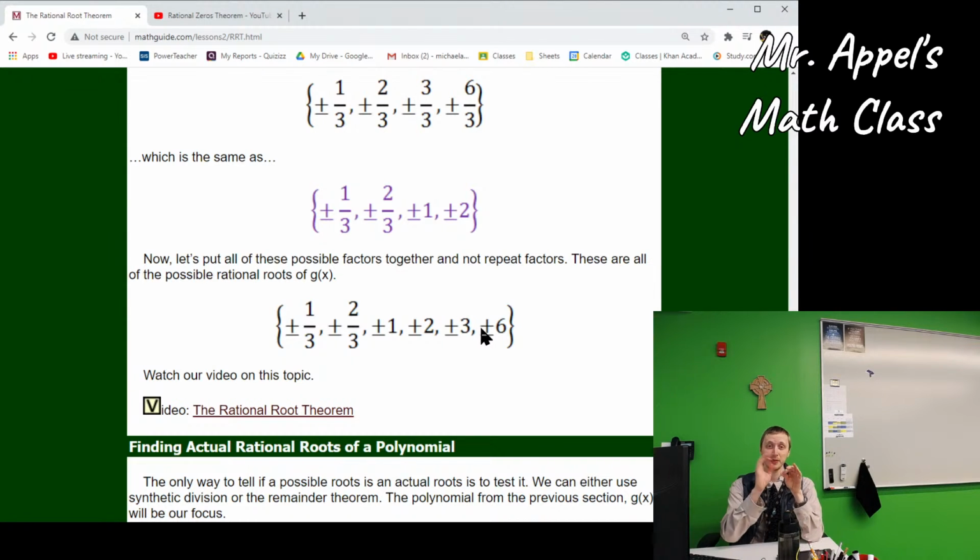And so from that list, you can start testing and checking which ones are going to be roots and which ones are not. And there's a few tricks on ways to test those. Of course, you can try factoring one out. You can try dividing them out. You can use the remainder theorem.